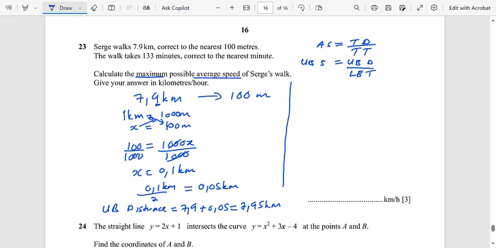Then as for the time, I'm told that the walk takes 133 minutes to the nearest minute. I would want to change everything to hours. So 133 minutes means 133 divided by 60 hours.